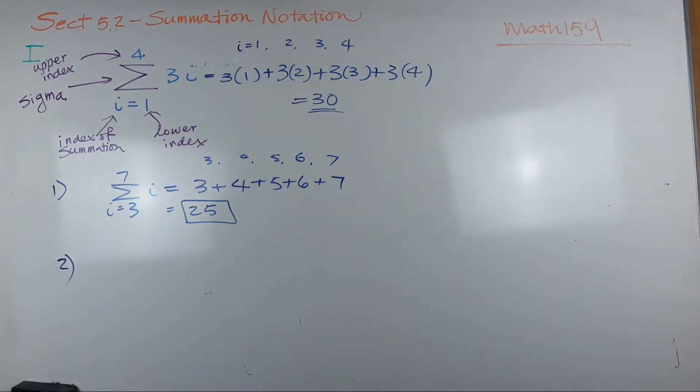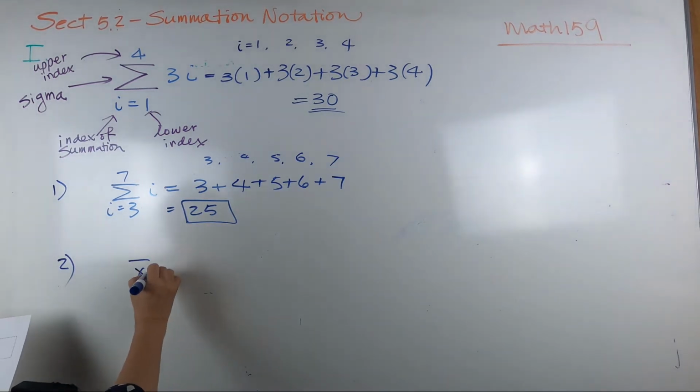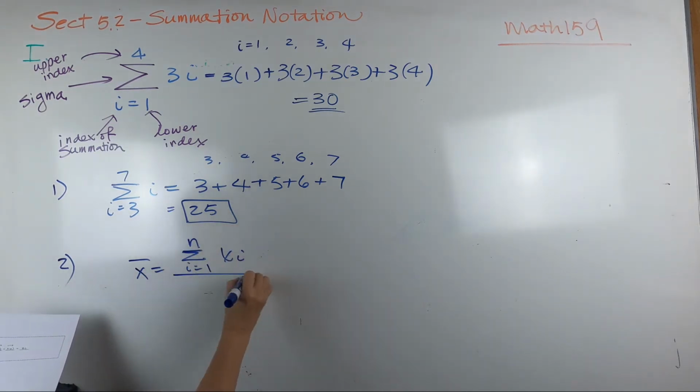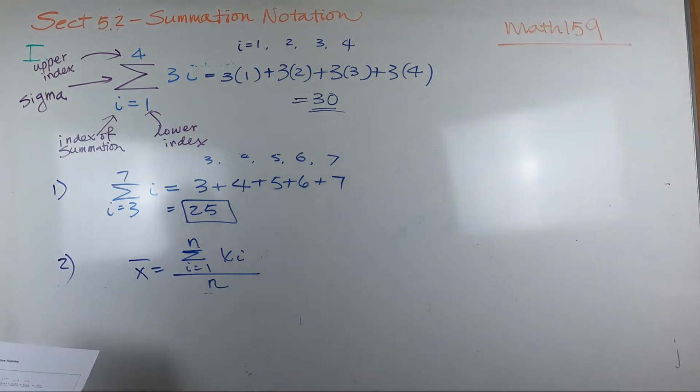Look at example 2. It says the formula for the sample mean, sometimes called the average, x bar, is x bar equals sigma i is 1 to n of xi over n. You will see this quite often in your stats class.